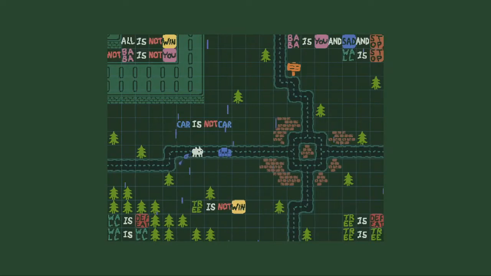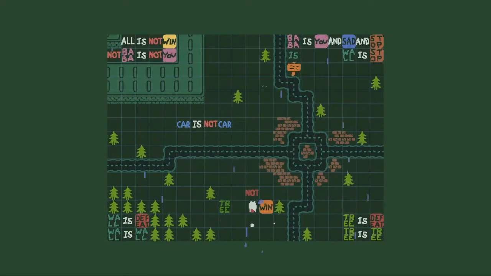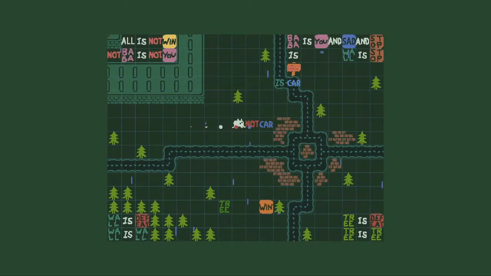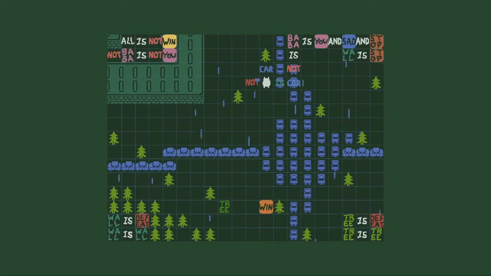Alright, I think I have a solution idea. I'm going to say Baba is not car, and then not car is car. And so by doing this, I end up with a gazillion cars.